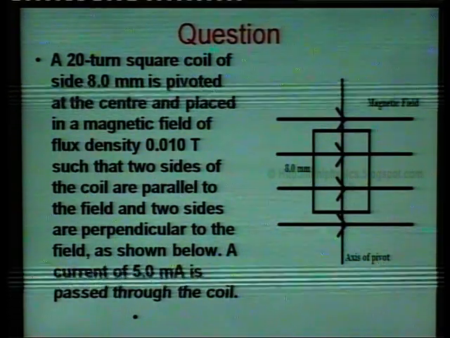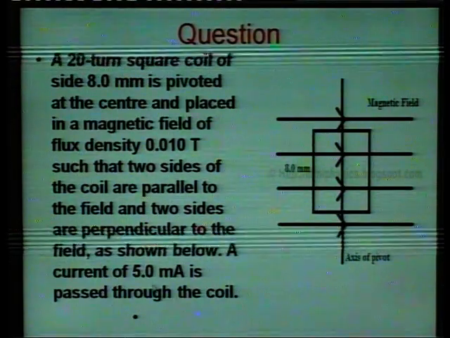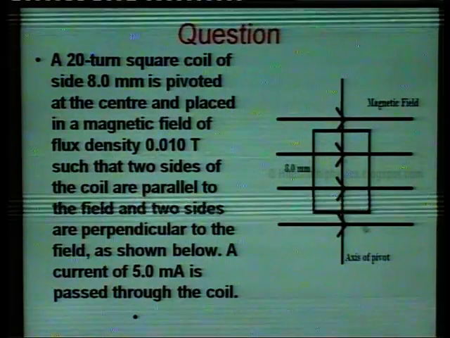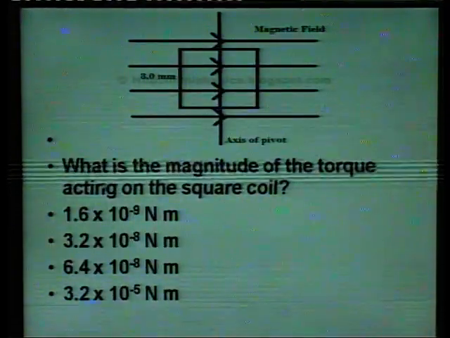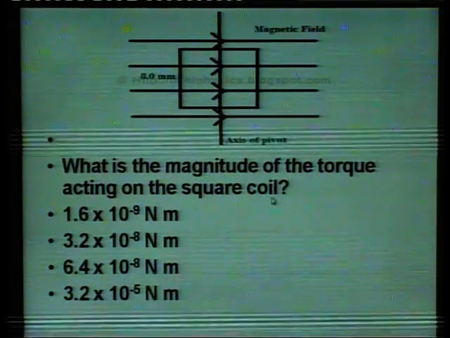A current of 5 milliampere is passed through the coil. So the question is, what is the magnitude of the torque acting on the square coil?